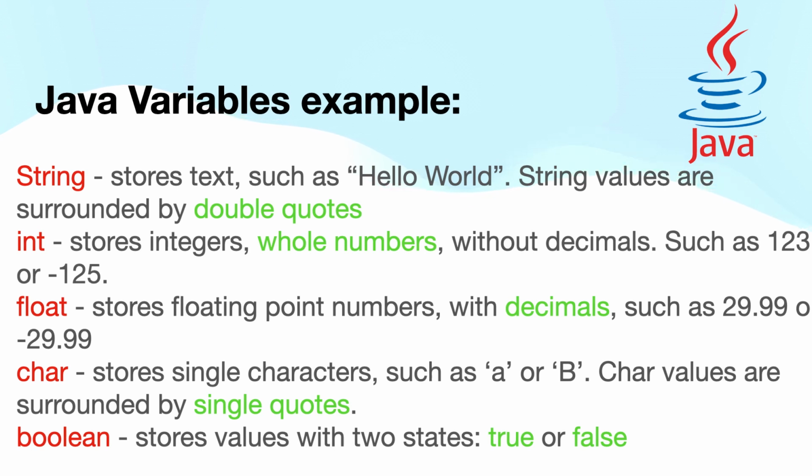String, int for integer, float, char, and boolean are all data types, and these data types store the value.